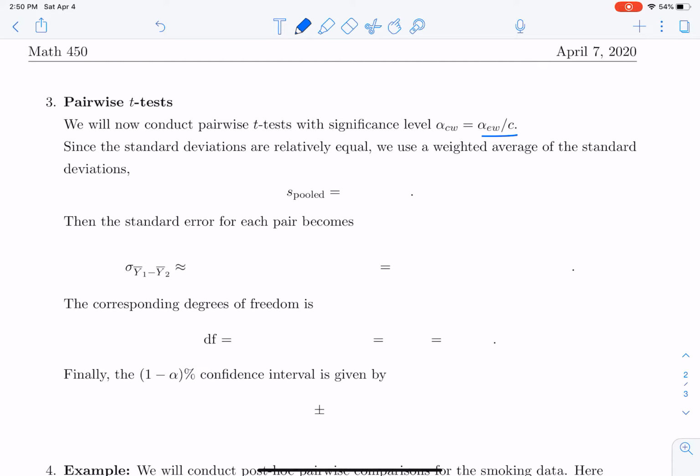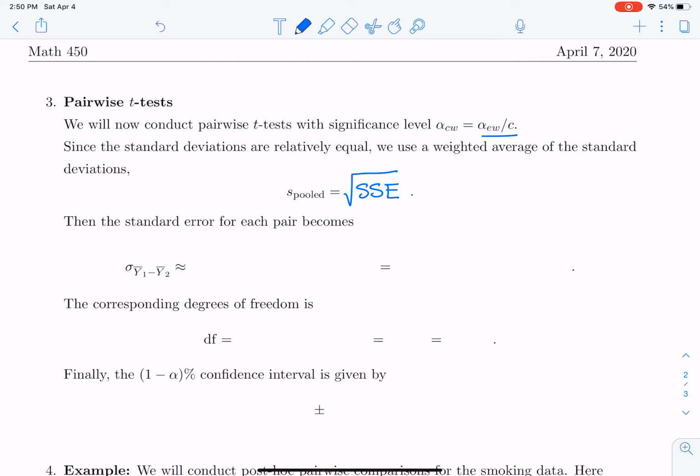Now, we said that the standard deviations were all approximately equal. So just like when we were doing the t-test for two different populations, we're going to consider a pooled standard error. And if you go back and look at our pooled standard error formula, you'll see that it's exactly the same as the formula for our sum of the squares of the errors.